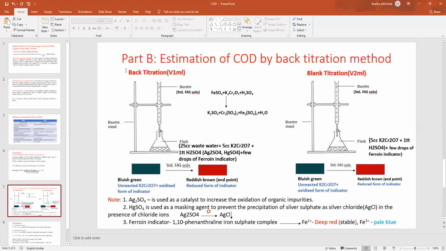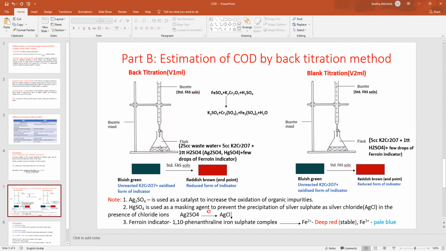Before I discuss what blank titration is, let me go through what back titration is and how the titration is performed here. What should be taken in the burette? The prepared standard solution. Which standard solution is used here? Standard FAS solution. Fill the burette with standard FAS solution.